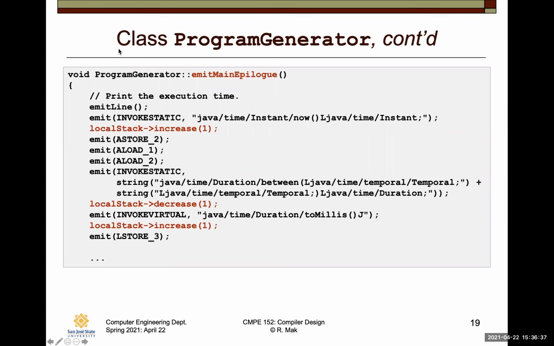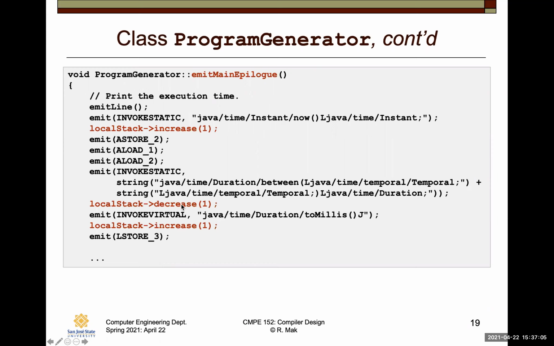I'm keeping track of all that by letting my local stack object know, and then the local stack object will keep track of the tallest the operand stack can get. If I was saying runtime stack, I meant operand stack. So that's what these increase and decrease calls are doing.